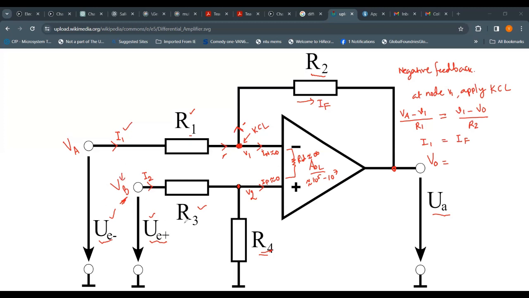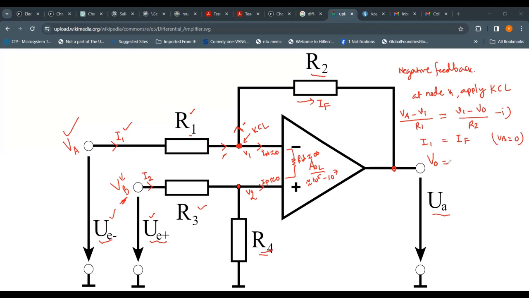It means we have assumed here that VB is equal to 0 while performing this analysis with the VA active and VB deactive. Now we can come back to equation 1, and then we try to get the expression for the output here.